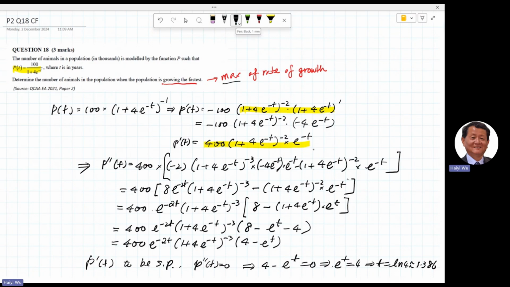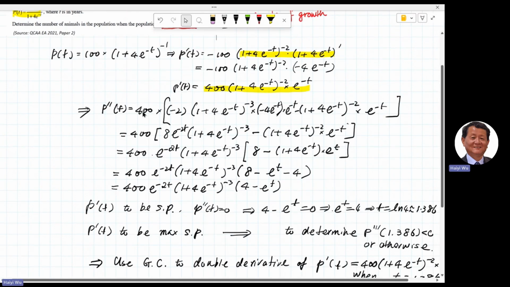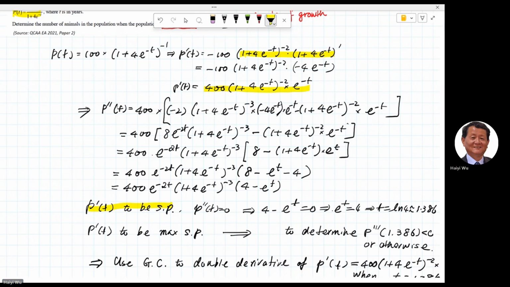We need to differentiate P'(t), which is the second derivative of P. We want to find a stationary point, so the second derivative must be equal to 0. So let's do the double derivative.